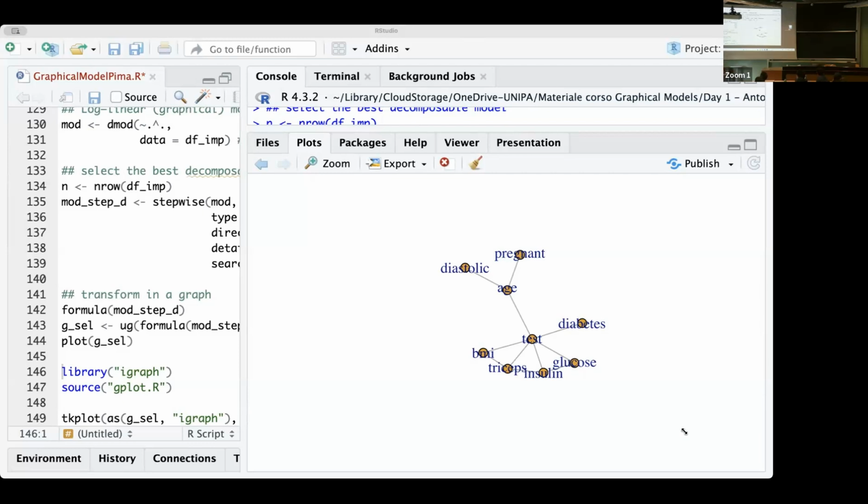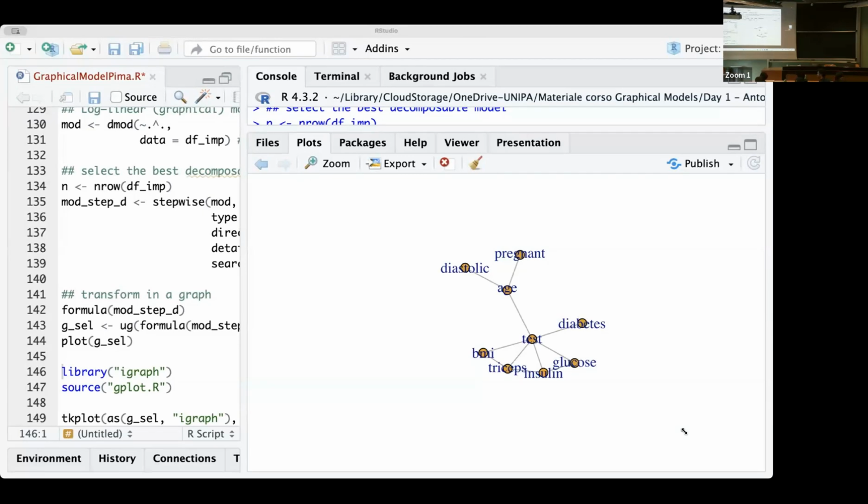And the test is related with history of diabetes, BMI, well, yes, of course, triceps, so if you have more fat, then it's a risk factor, let's say, insulin and glucose. So all of them are related to tests. Yeah. So this is interpretable, yes.